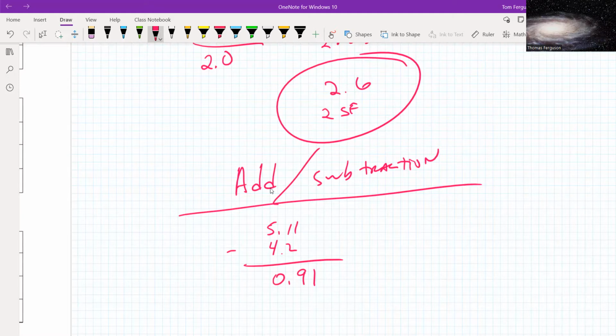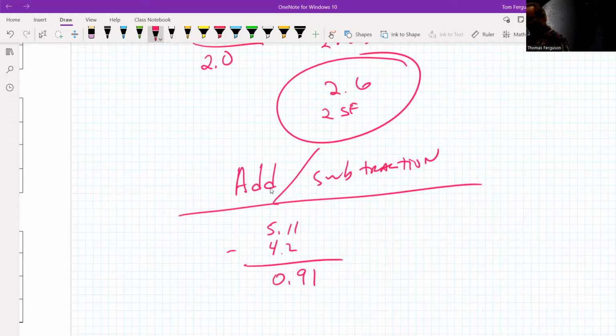Okay, so let's look at that. Now with addition and subtraction, all you're looking at is number of decimal places. 2 decimal places, 1 decimal place. How many is this going to have? 1 decimal place. Remember, weakest link in the chain.